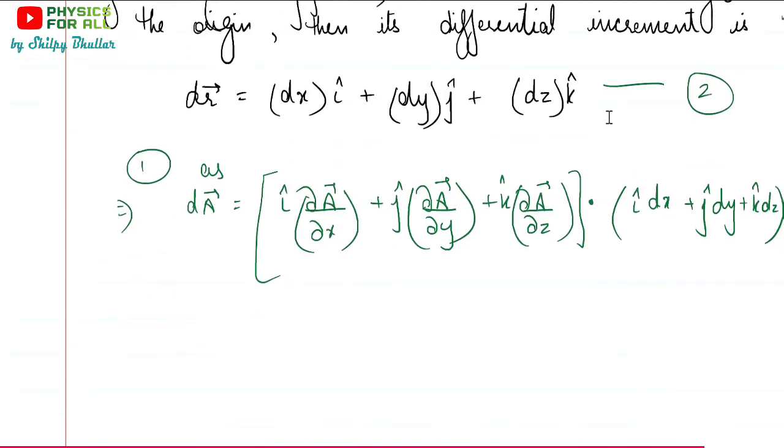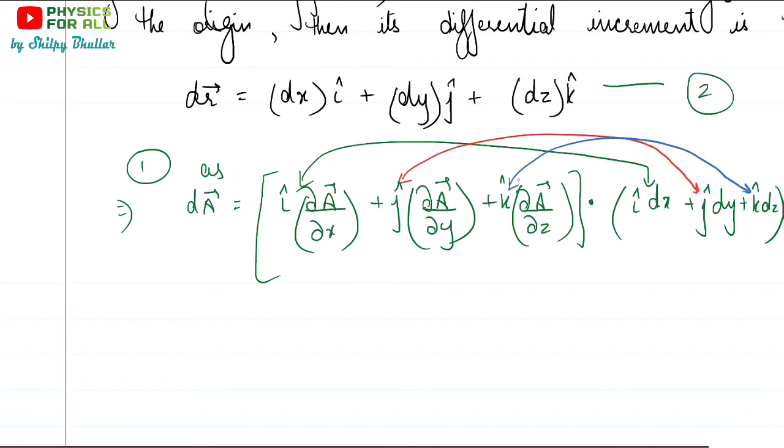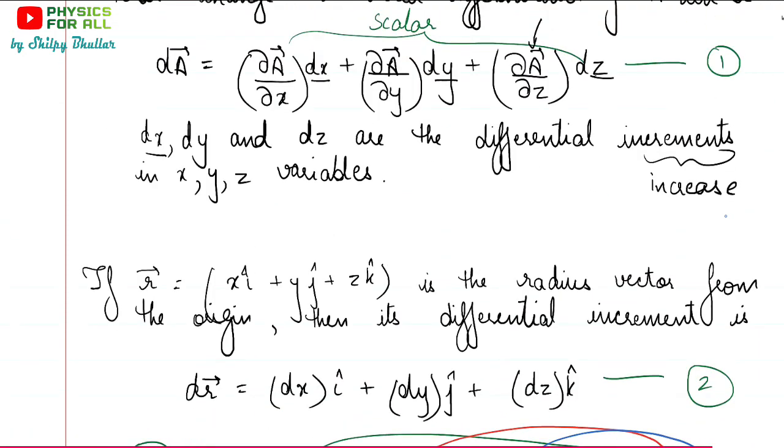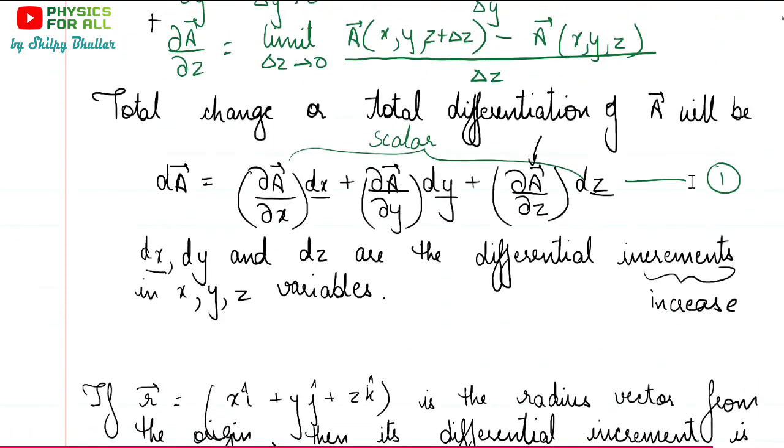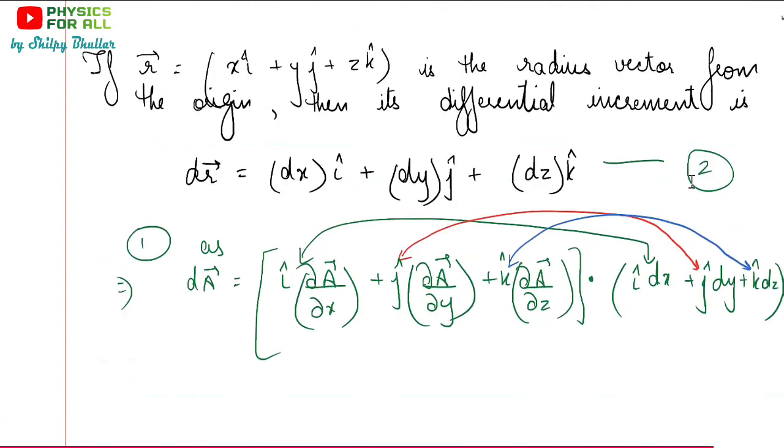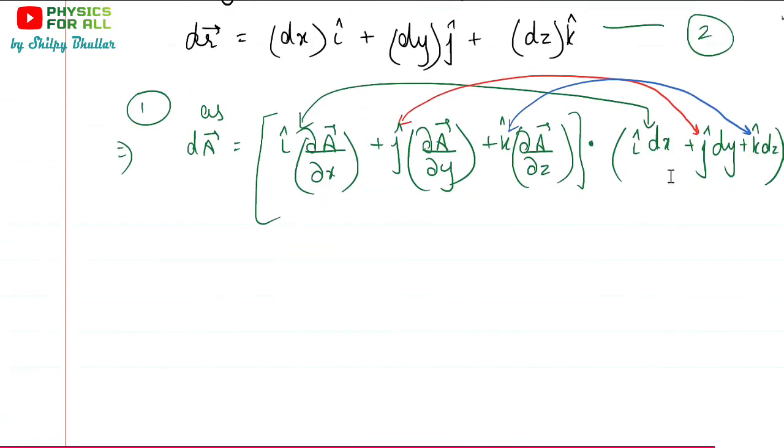Now you know that in a dot product i cap only interacts with i cap, j cap only interacts with j cap and k cap only interacts with k cap. So if you take the dot product, what you will get? Simply curly A by curly x dx plus curly A by curly y dy plus curly A by curly z dz, which is nothing but equation 1. This is the same equation, but we have modified it by introducing these i caps.